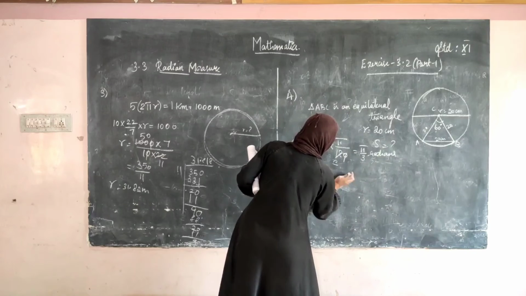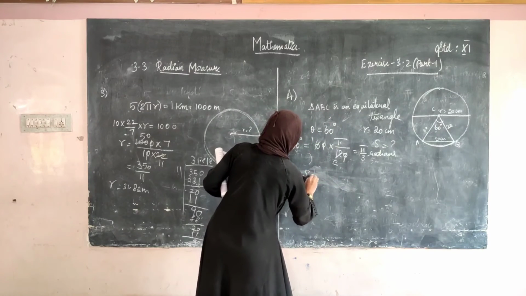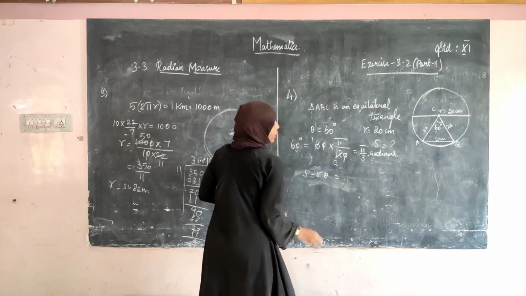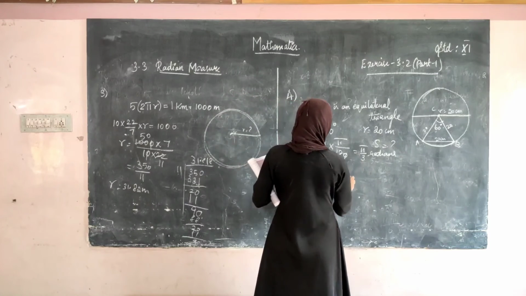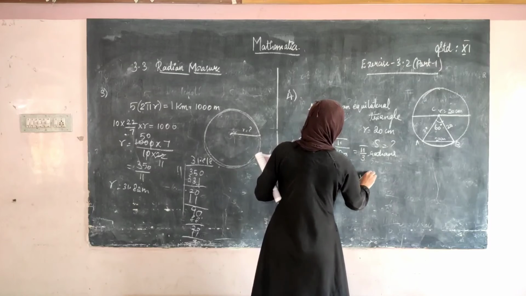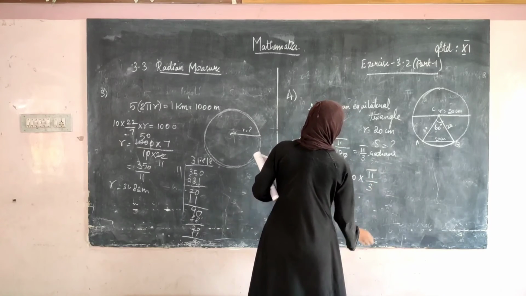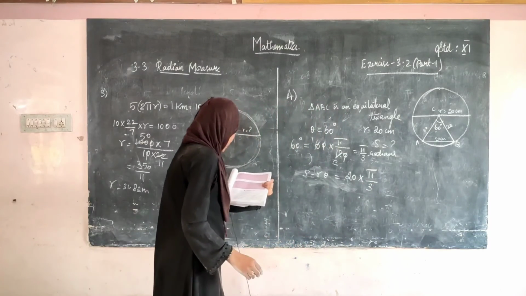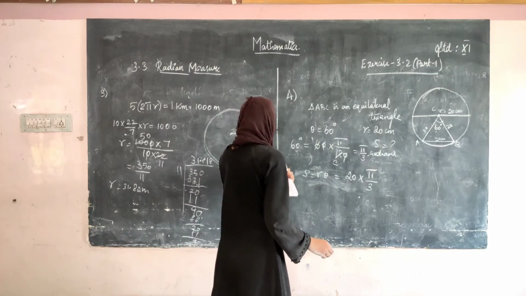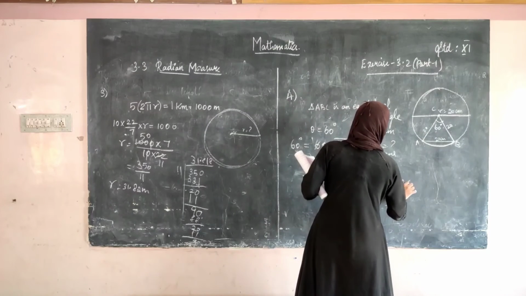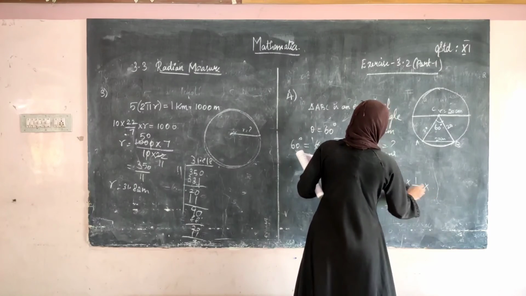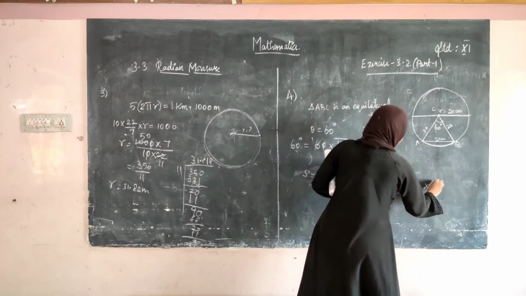Now we know the formula S is equal to r theta, where arc length is equal to radius into angle subtended. What is r? R is 20 centimeter here. So 20 into pi divided by 3. So 20 into 1 by 3 into pi, and pi is 22 divided by 7.